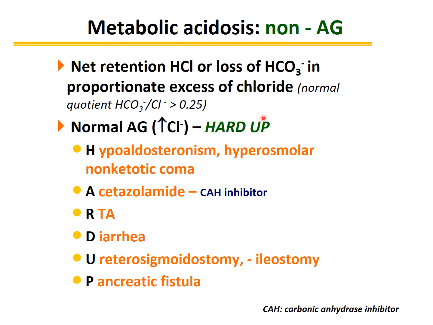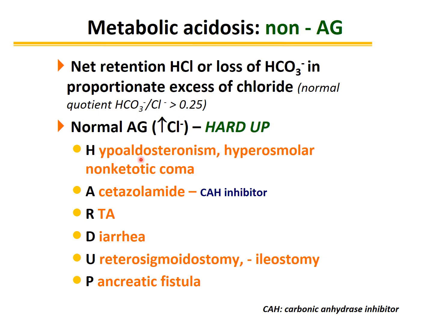The non-anion gap metabolic acidosis is when we have, for example, a retention of hydrochloric acid, or a loss of bicarbonate proportional to the excess of chloride. This is what we mean by hyperchloremic acidosis. Now, the most common cause of this normal anion gap acidosis is called HARDUP.